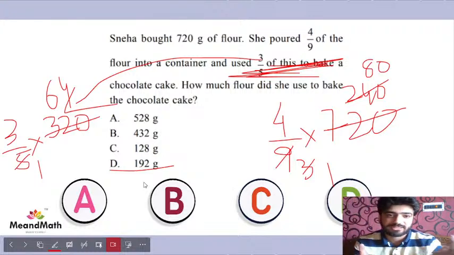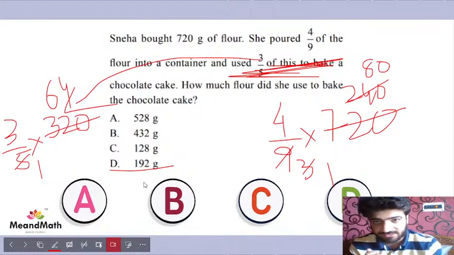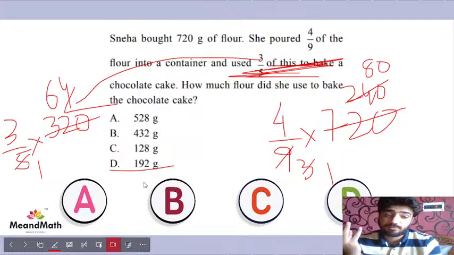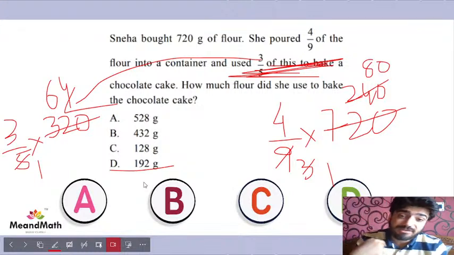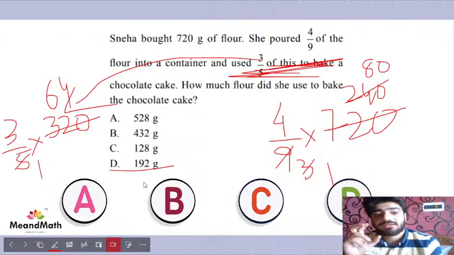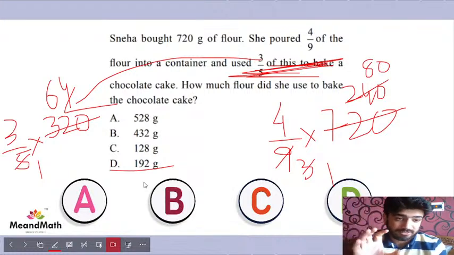So first we have to see how much came into the container, so we'll do 4/9 into 720. That came out to be 320. Now the question says that out of that 320 in the container, she used 3 by 5 of that to bake a chocolate cake. So 3 by 5 into 320 came out to be 192.